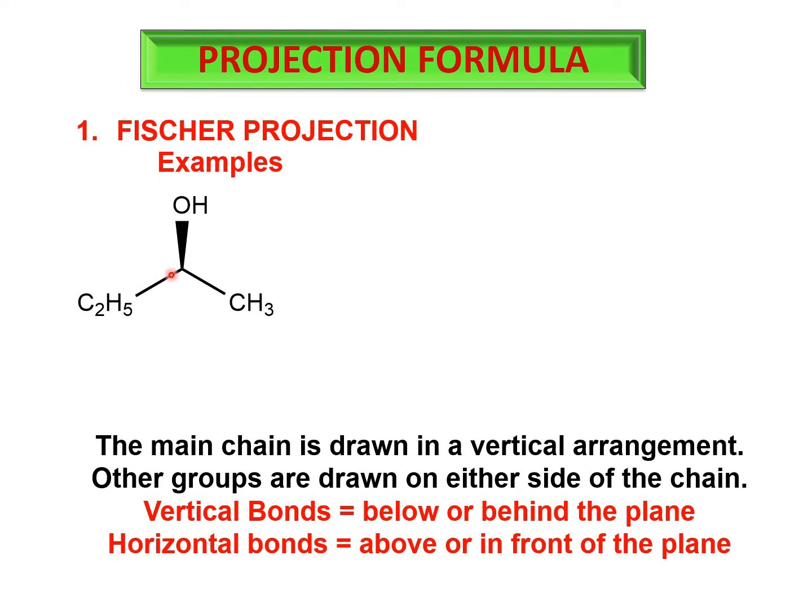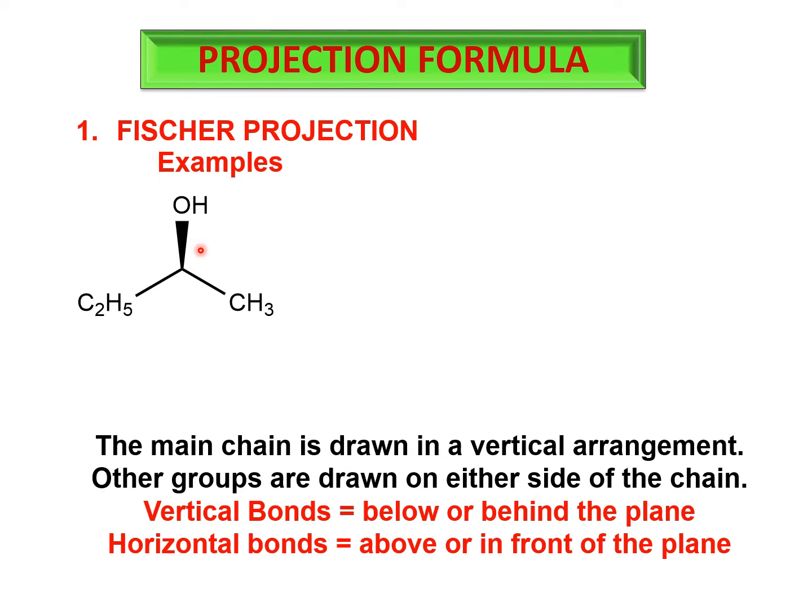This carbon atom is in the screen. This CH3 and C2H5 are also in the screen. Now this hydroxyl group is drawn with a solid wedge. It means it is not in the plane of this screen, but it is projected outwards, in front of the screen.